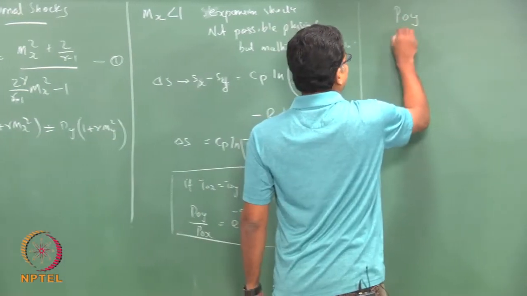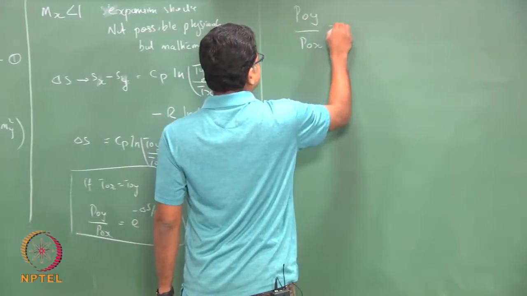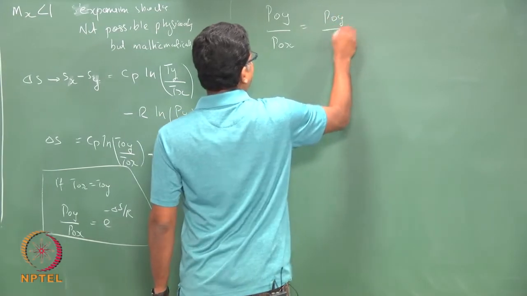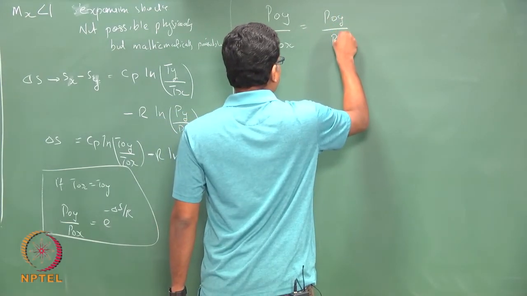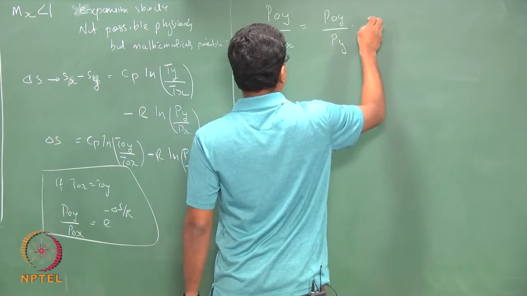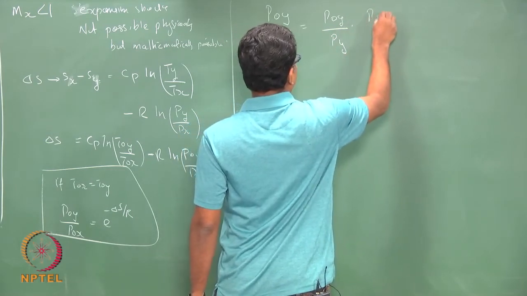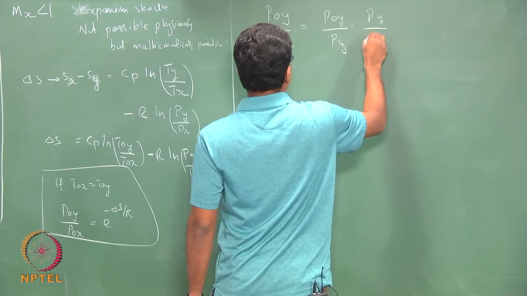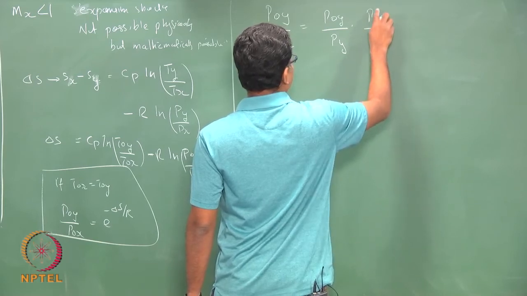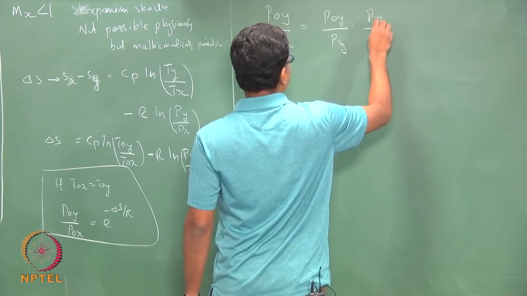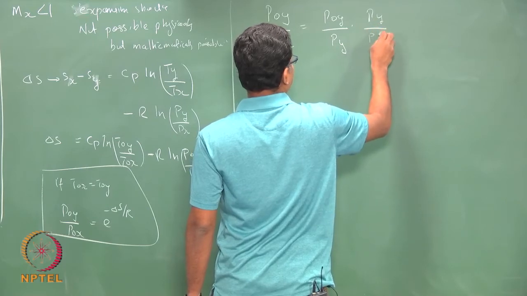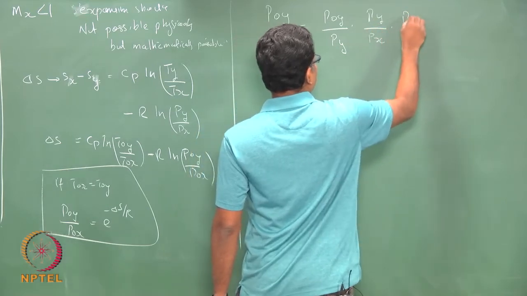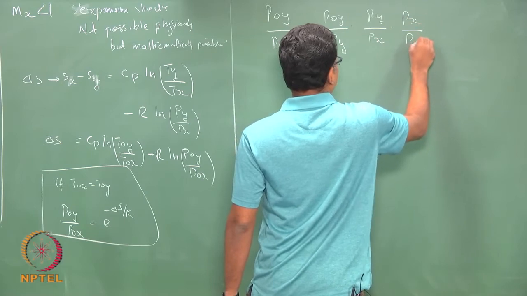So, your P0y by P0x, I can write as P0y by Py into Py by Px into Px by P0x.